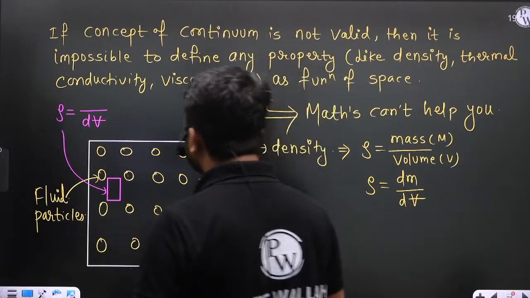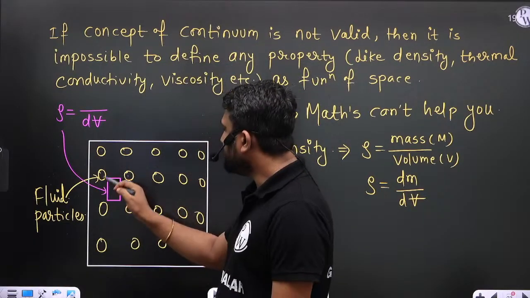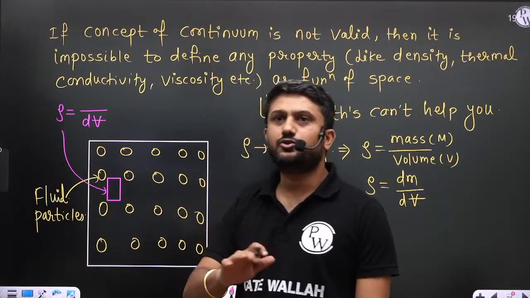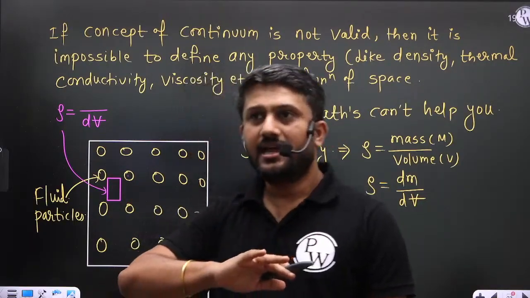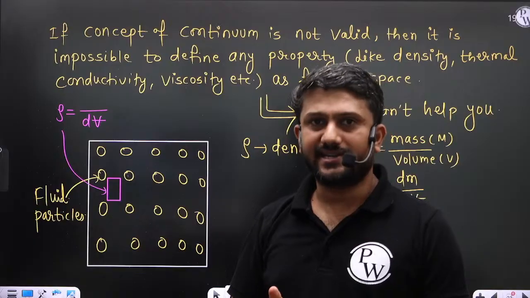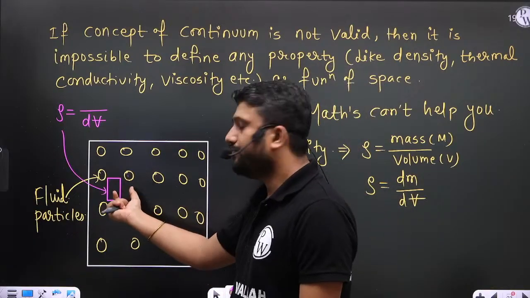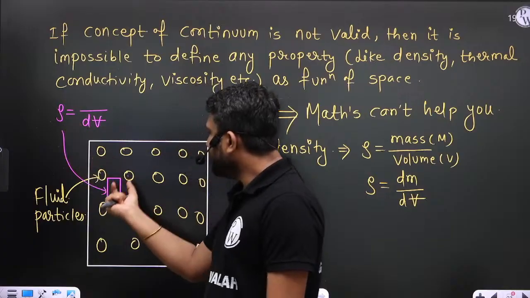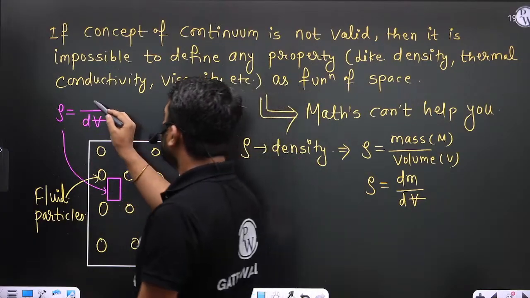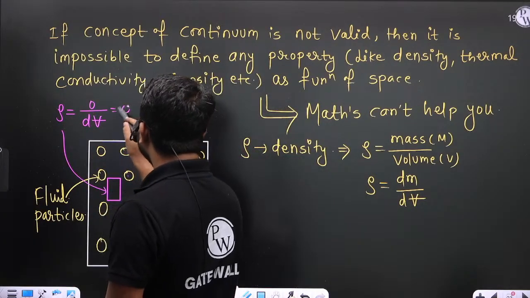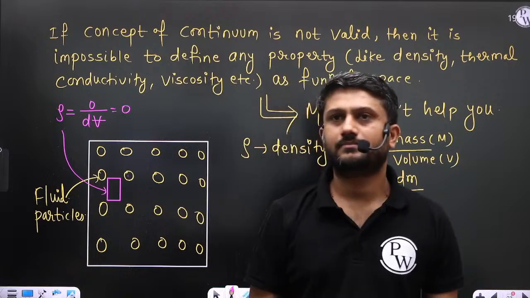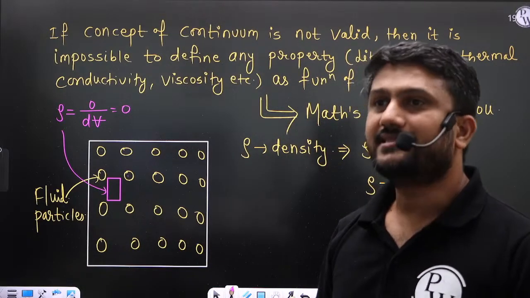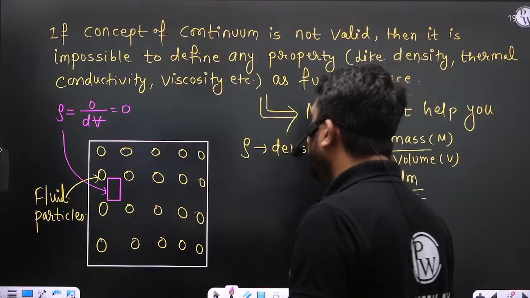The density is 0. Why is it 0? Because in this small elemental volume there is no fluid particle present. So if I want to define the density for this small elemental volume, that density is 0. Are you getting my point? Yes, exactly. There is no fluid particle in this volume.